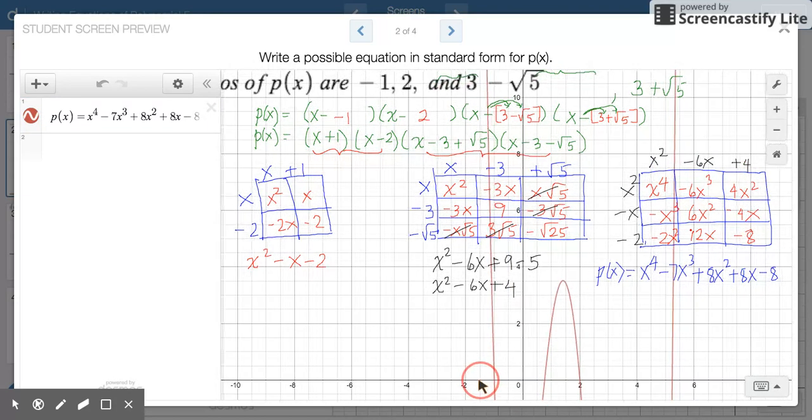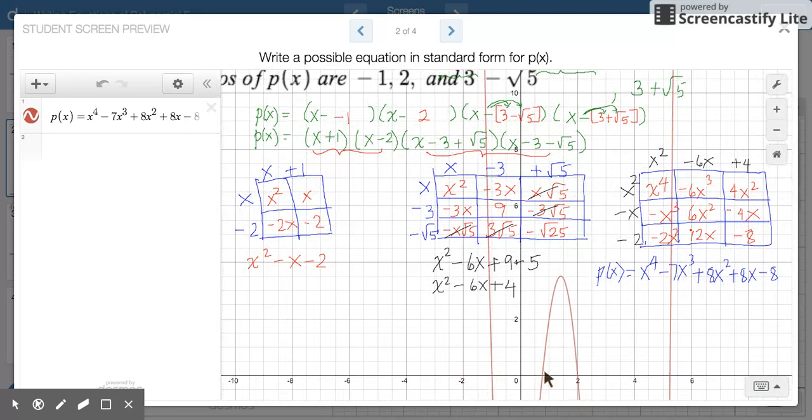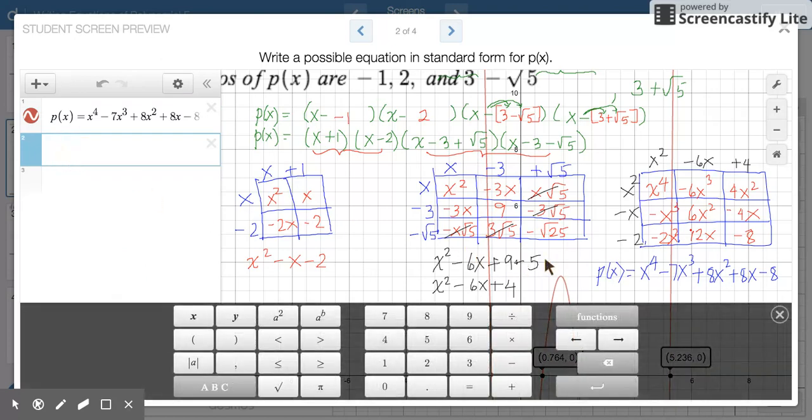So the graph has 4 zeros, 4 x-intercepts. These are the two integer zeros, and the other two are the irrational zeros. Okay, so let's check if these numbers correspond to those irrational zeros.